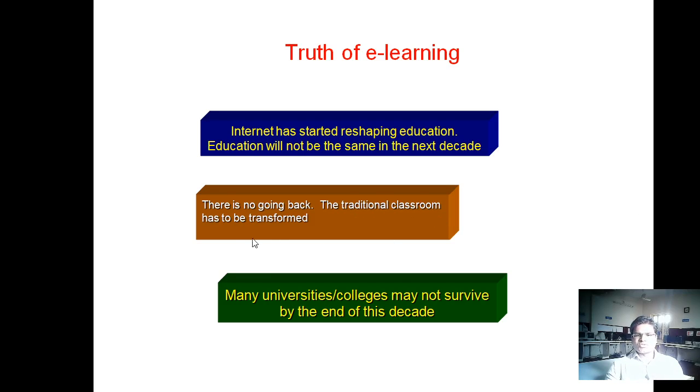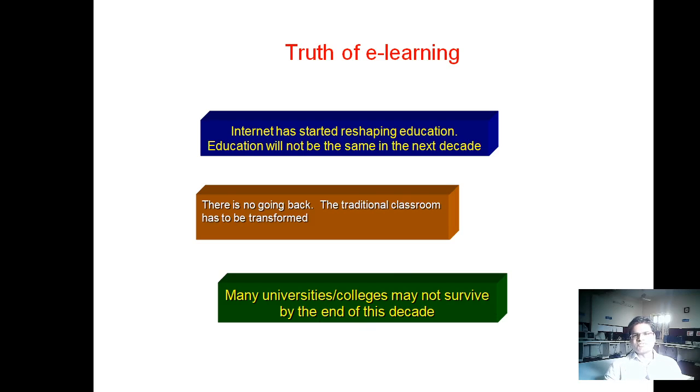The traditional classroom has to be transformed. This is the need of the time, and everyone has to transform himself or herself, and transform all his teaching in traditional classrooms. Many universities and colleges may not survive by the end of this decade.